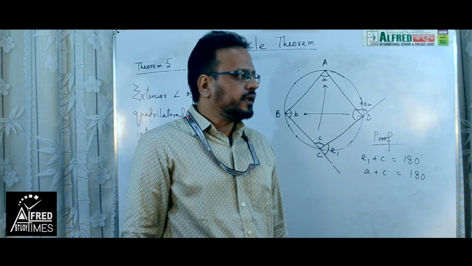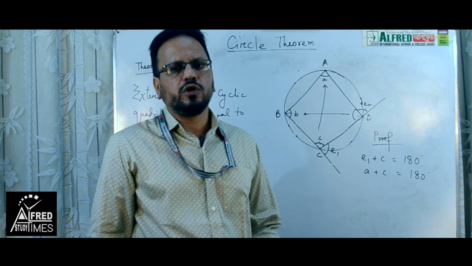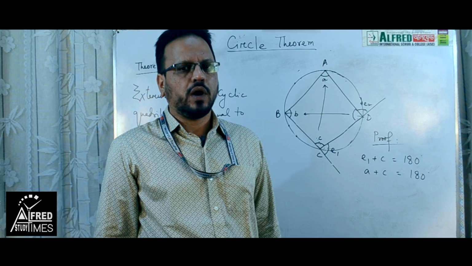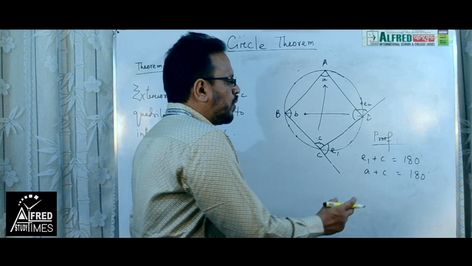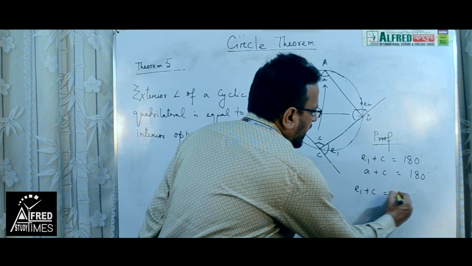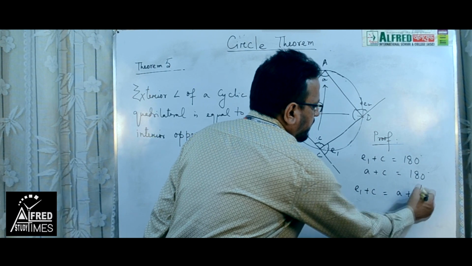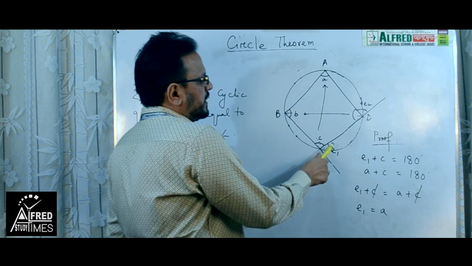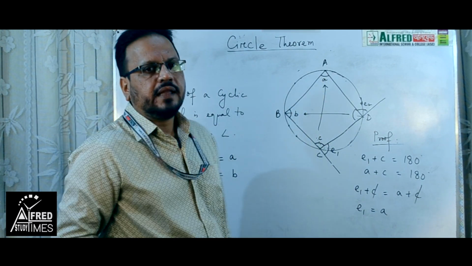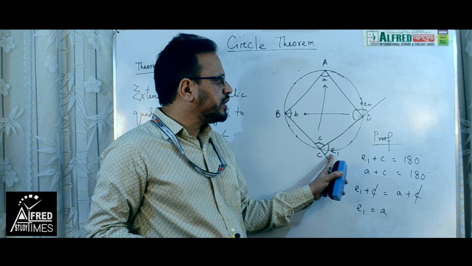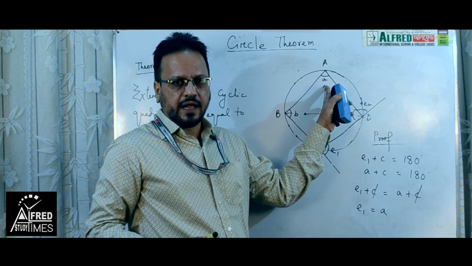Because in theorem number 4 I taught you the sum of the opposite angles of a cyclic quadrilateral is 180 degrees. Now both are 180 degrees, so I can write E1 plus C as A plus C. If I cancel C from both sides, E1 is equal to A. So this is what the theorem says. The exterior angle of a cyclic quadrilateral is equal to the interior opposite angle.